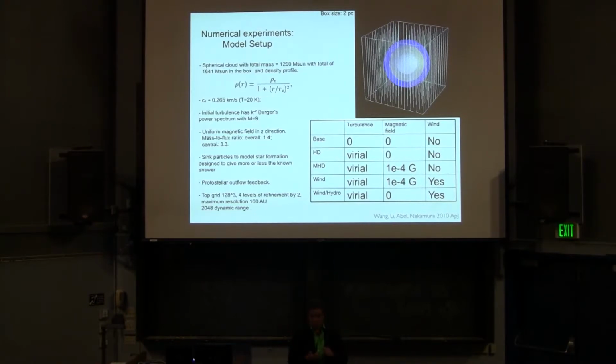What you notice is we've used magnetic field strengths taken essentially from observations. The outflow rates and the momentum injection are taken from observations, and so those are the free parameters. All the other choices, a spherical cloud, a uniform field, are just idealizations.